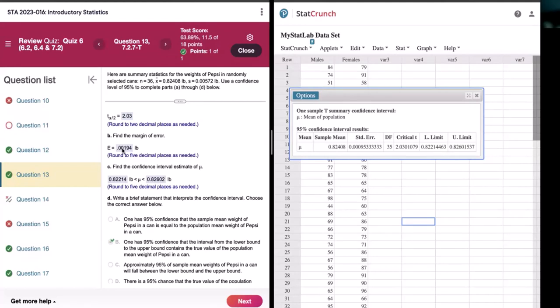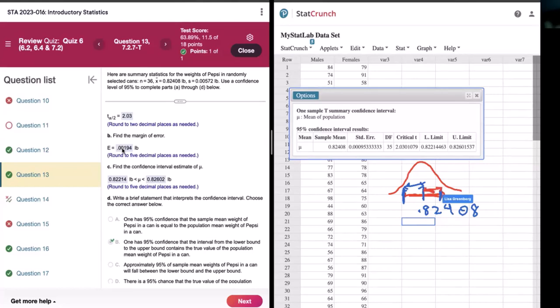you have your normal curve, and you have your lower limit and your upper limit. So you're in between here, right? That's the middle, and the margin of error is the distance between here and here, or the distance between here and here, because they're the same.